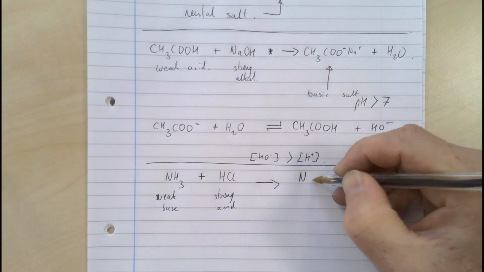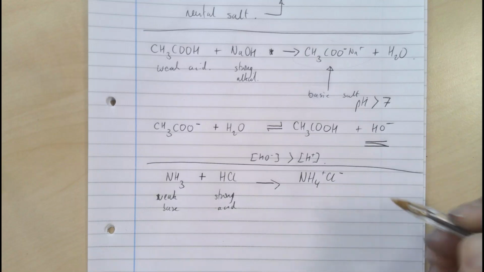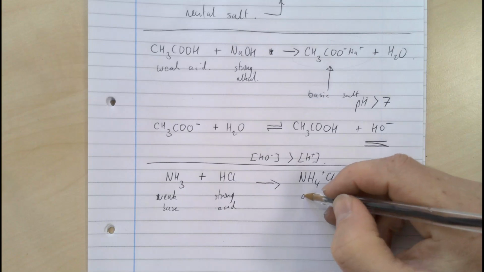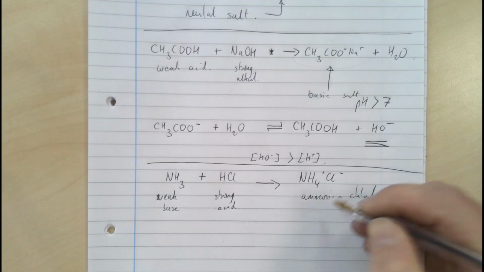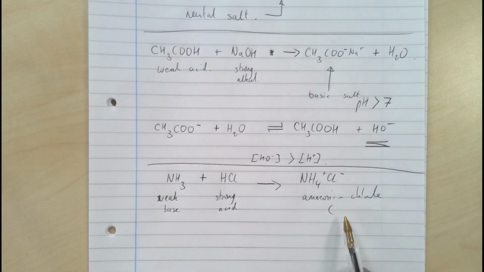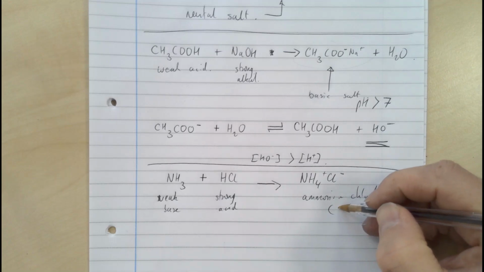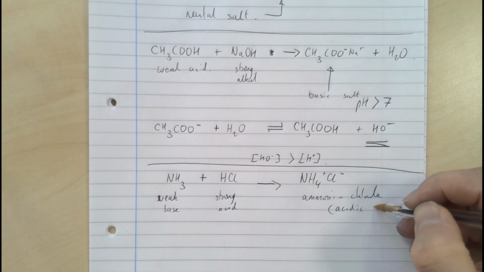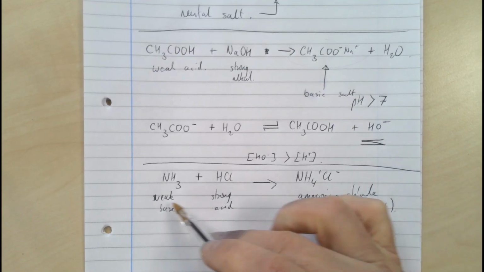We generate NH4 plus Cl minus. That's called ammonium chloride. Remember, ammonium NH4 plus. Ammonium chloride. And this stuff is an acidic salt. You don't need to think about it. You can pick up the easy mark by just going, oh, strong versus weak, who's going to win?